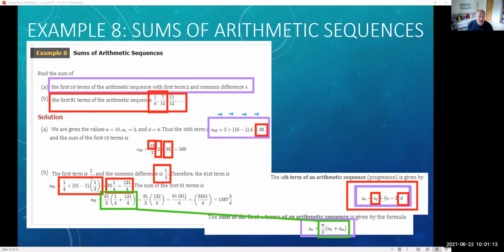So we plug in n for 91. We're plugging in 1/4 for a sub 1, and we're plugging in that uncomfortable fraction 121/4 as the 91st term, a sub 91. Calculate, you could do it with a calculator or with a pencil, and you get a very uncomfortable number. Here's your number right here, guys. Or you could write it as an improper fraction right there.